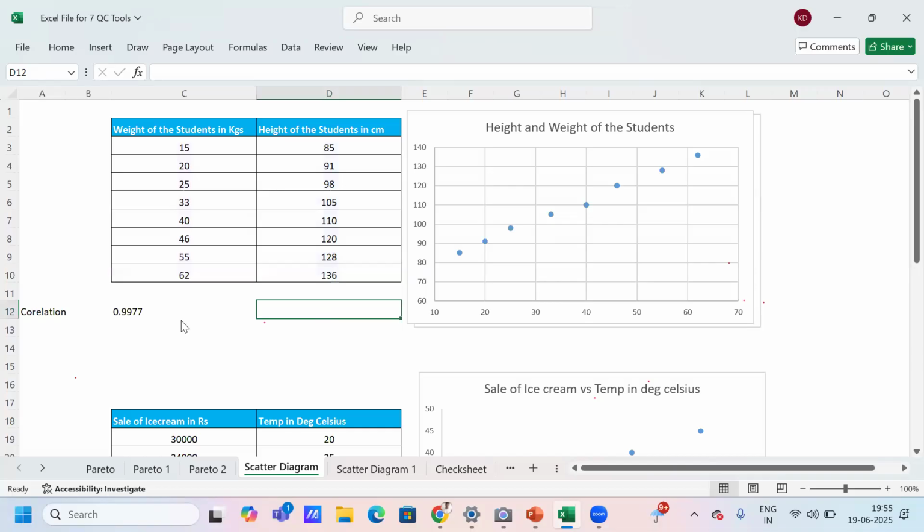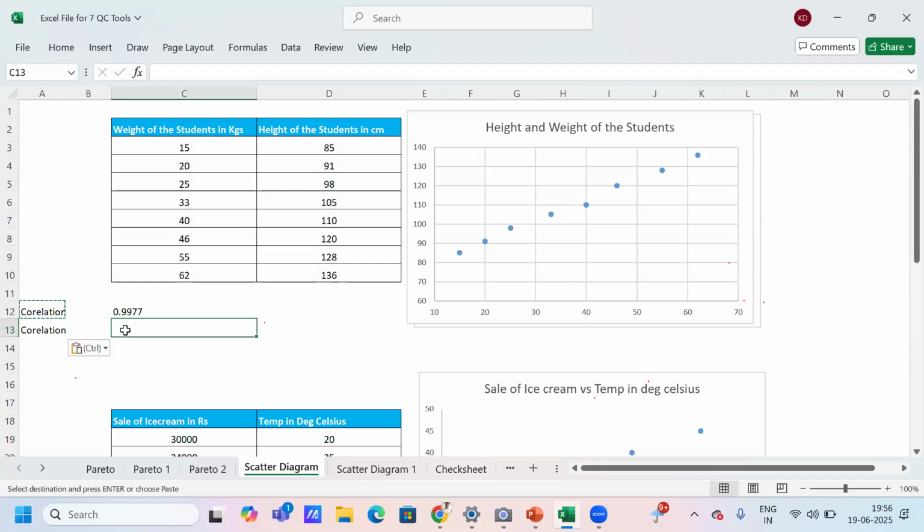Now here I mentioned the correlation. So how to calculate correlation? I will let you know. We can use the formula. I have already used it for your reference. Correlation is equal to CORREL, correlation of array; I need to select this, you can practice it, then I need to select this and enter.